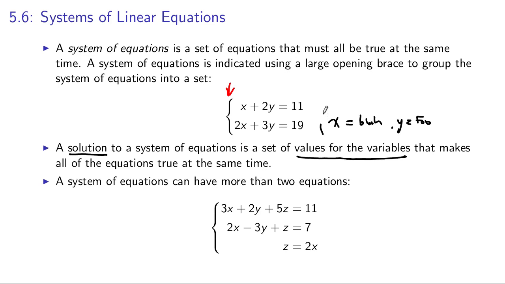So one solution has a value for each variable, and each equation must be true for those values of the variables in order for it to be a solution. And a system of equations needn't just have two equations. It could have 3 or 4 or 75. There's no limit to how many you could have.